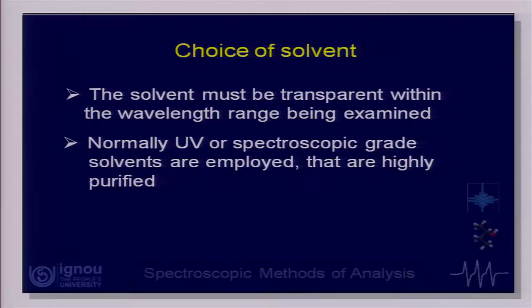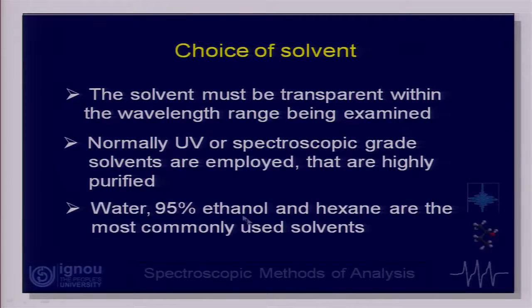So, I must ensure that the solvent I am using does not absorb the range of radiation I am going to measure. The commonly used solvents are water, ethanol or hexane, but as I mentioned before, we must use the spectroscopic grade solvents.